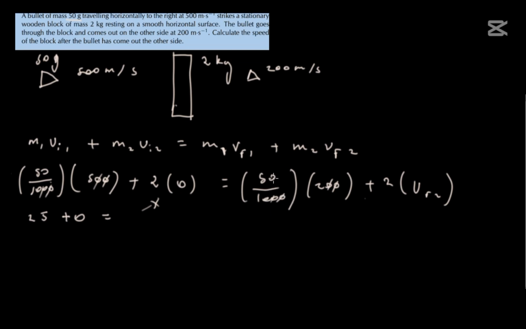Now we're going to have 50 over 10, which is 5 multiplied by 2, which is 10, plus 2 vf2. Now we take 10 to the other side to have 25 minus 10 equals 2 vf2.